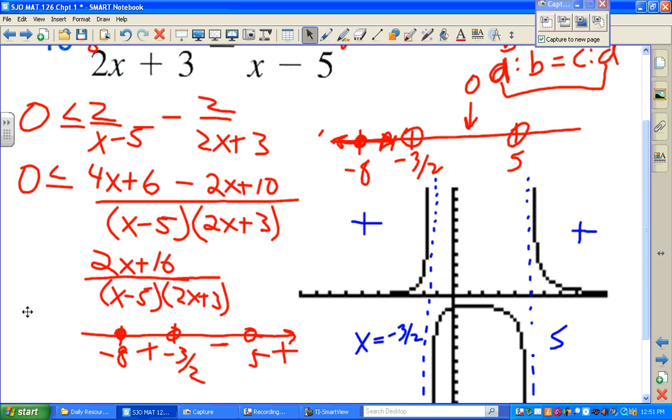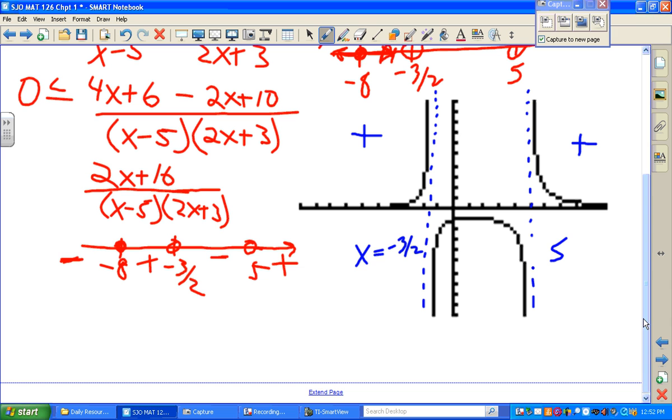So it's going to be a negative region right here. So that's our answer. From -8 to -3/2. From -8, bracket, to -3/2, union, 5 to infinity.